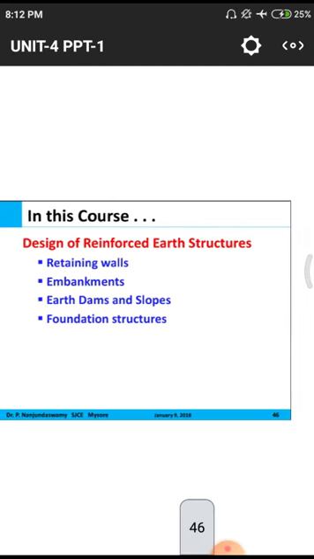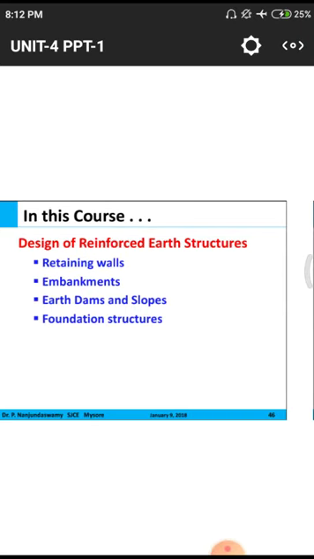First of all, design of a reinforced earth structure. Design means on which parts we have to go for this reinforcing earth. First of all, we have to apply these principles of reinforcing earth to retaining walls. Why? Because the total earth mass is retained by using a long wall which has some quantity of bond with the ground, so it is called a retaining wall.